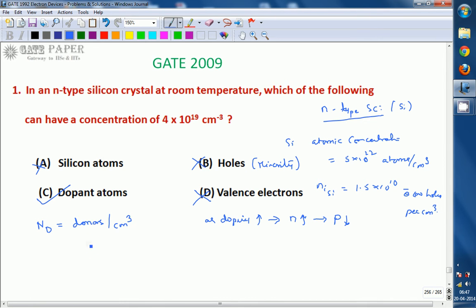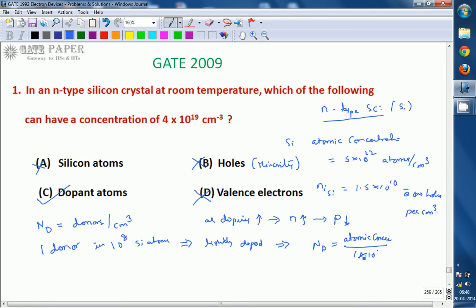If it is one donor in 10 power 8 silicon atoms, it is called lightly doped. The number of donors Nd is the atomic concentration divided by the ratio, 10 power 8.